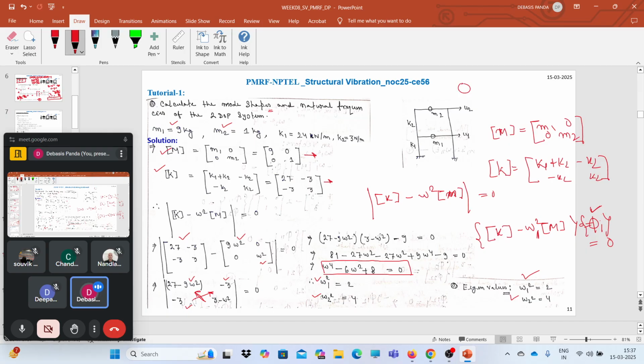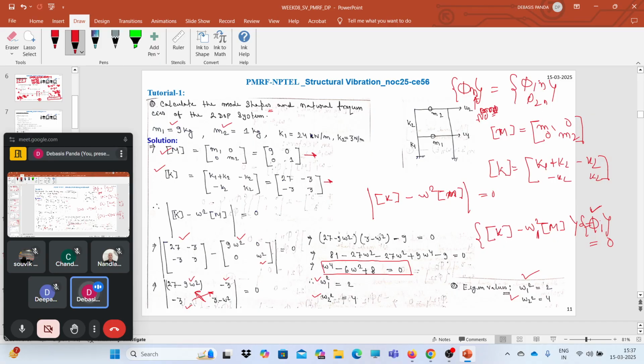The structure of the mode shape vector is like this: phi n, where n defines the degree of freedom, that means corresponding to which degree of freedom. So phi 1n, phi 2n, if you have 2 degrees of freedom.